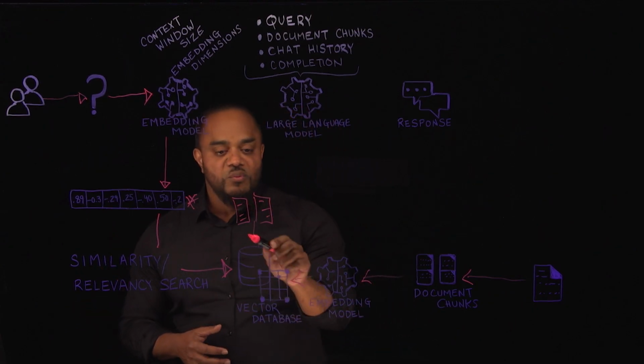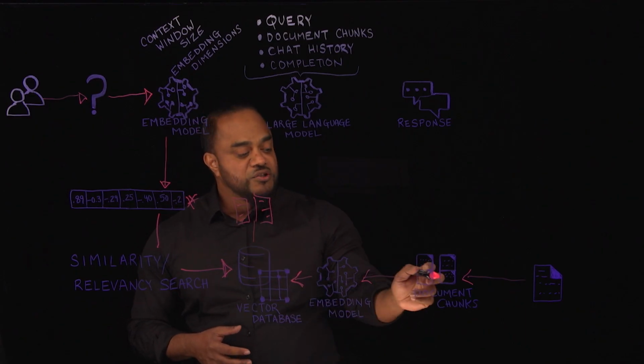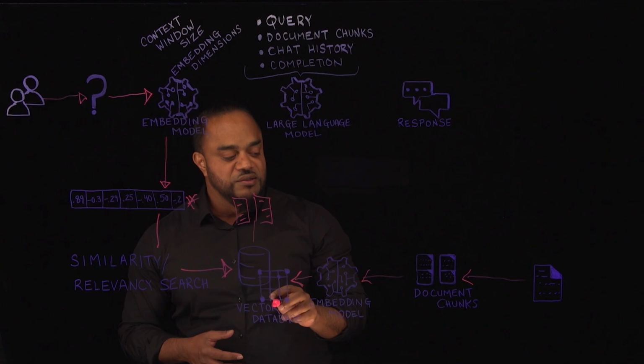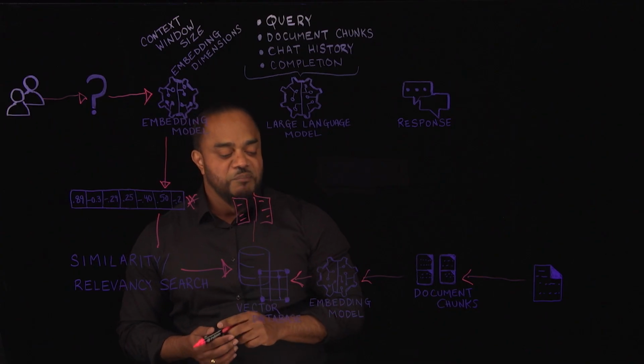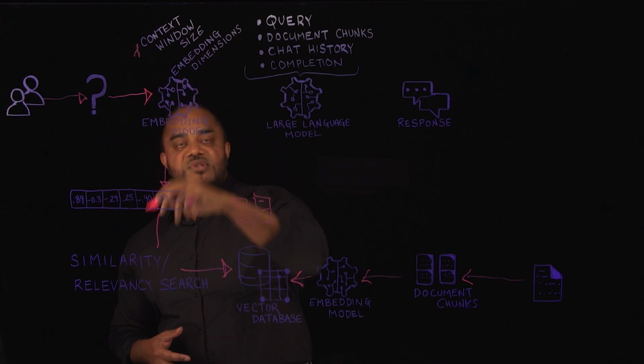So now we retrieve the chunks, and in order to store these chunks in the vector database, another key consideration of an embedding model is that you need to be aware of the embedding model's context window size.